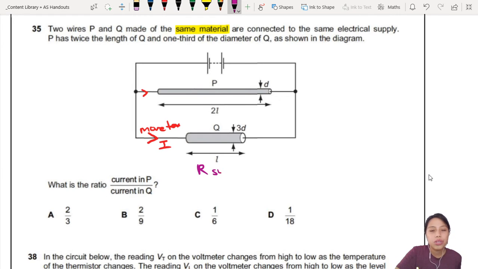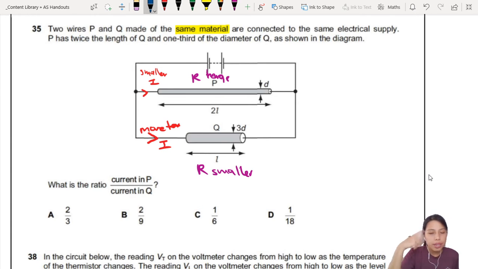So I'm just going to write here smaller. You can look at the picture and guess like that. Why not? R is larger here, so smaller I. Let's put our educated guess there.